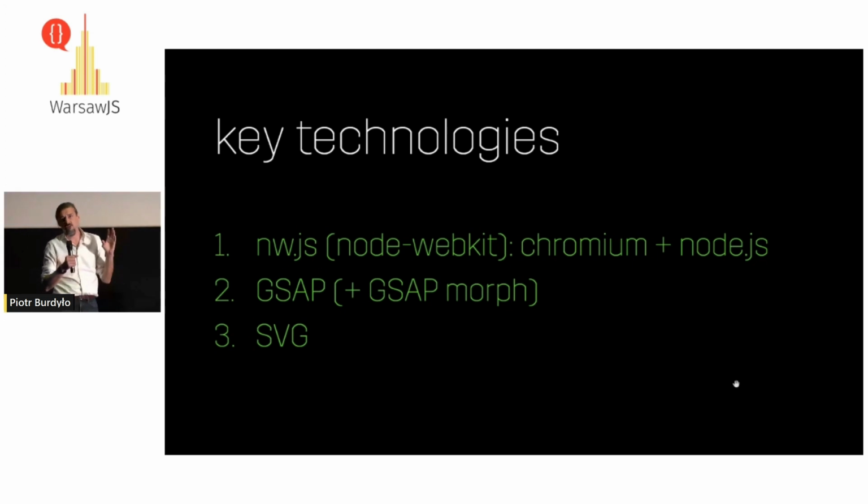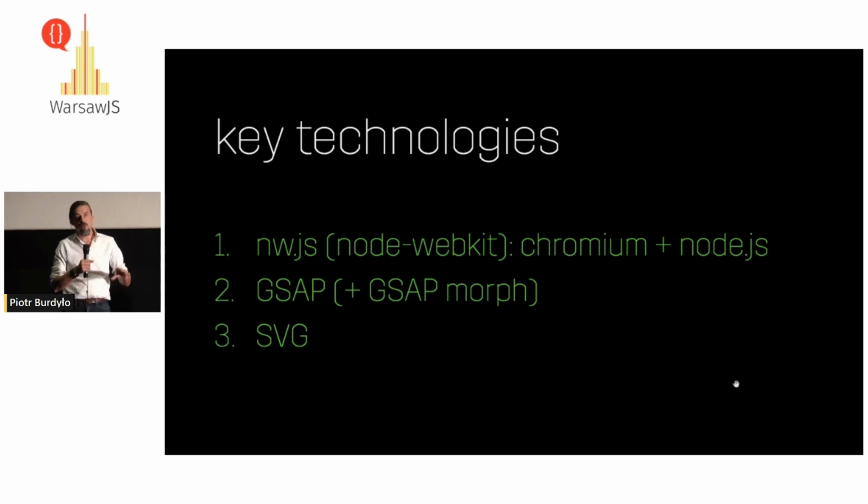I'm mentioning SVGs here because the infographic that is being animated is a complex SVG. It probably has tens of thousands of nodes, and it has different layers for different days of the animation.